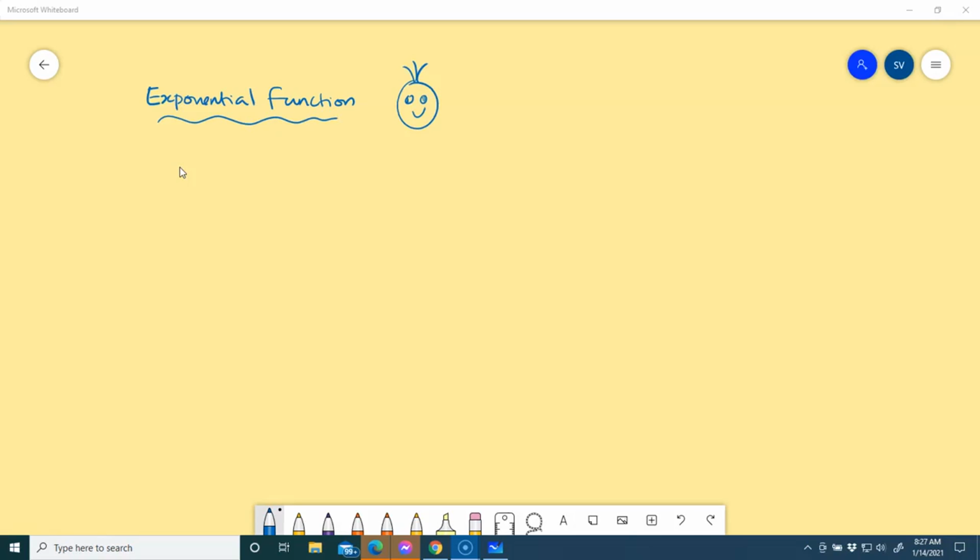If you are trying to study a population, or trying to predict the final outcome of a particular production or of particular kinds of actions, we can use this method called exponential functions, and we can go deeper into this.